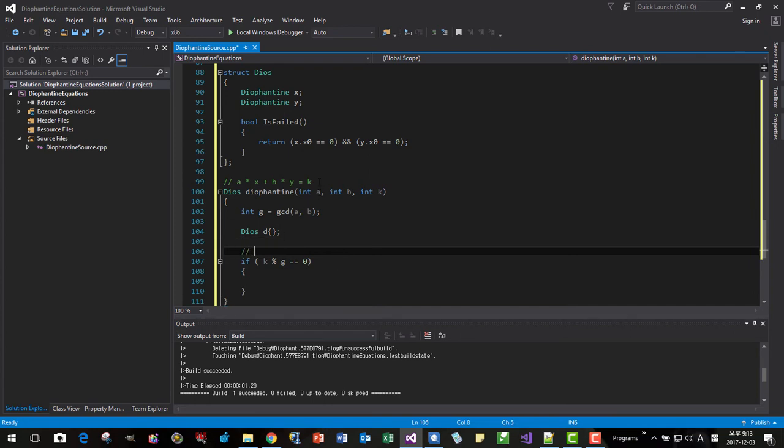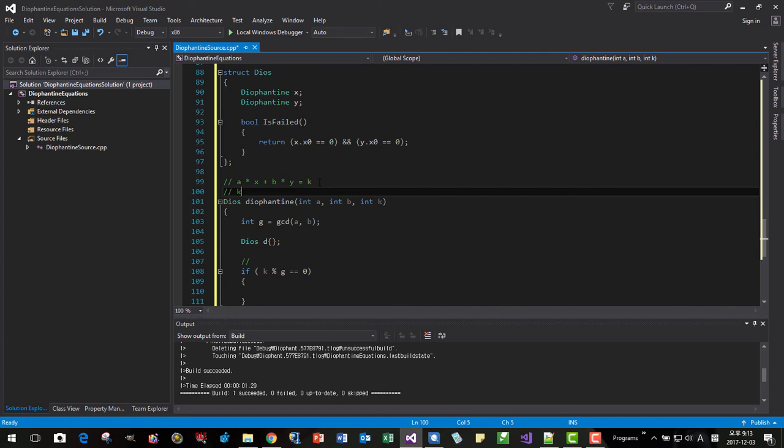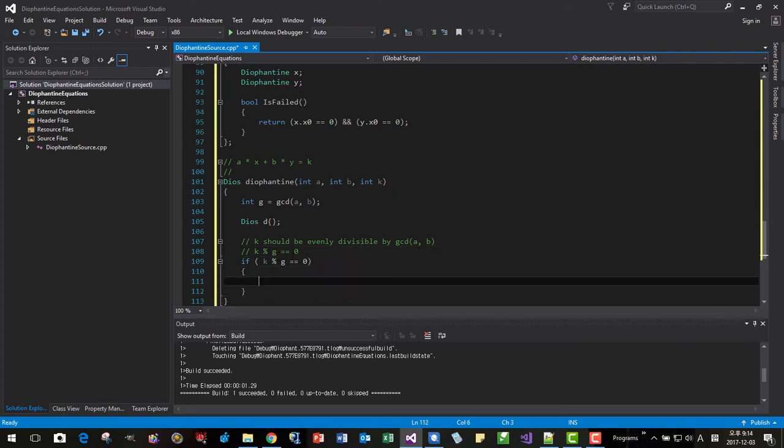In this equation, k should be evenly divisible by gcd(a, b). Okay, that means k modulo g should be 0 here.